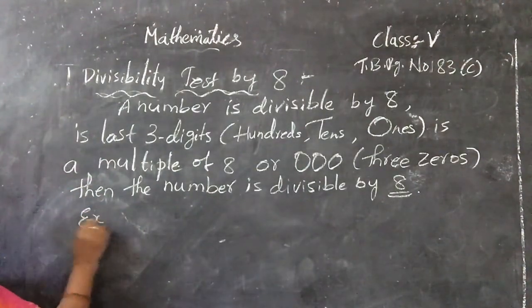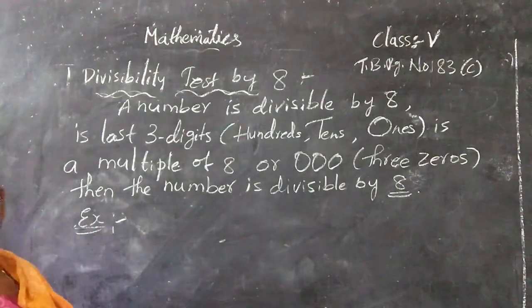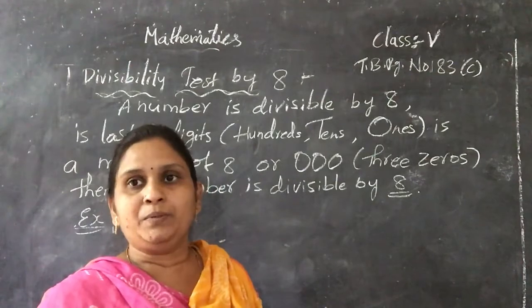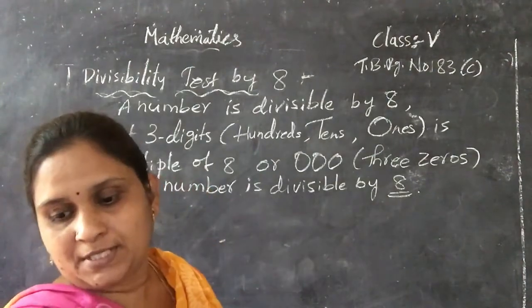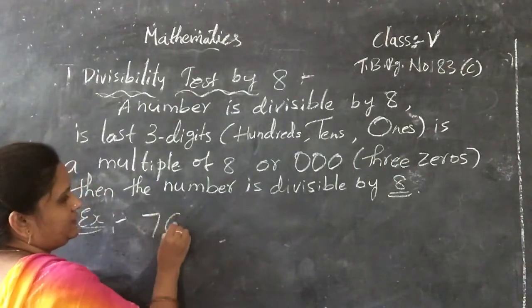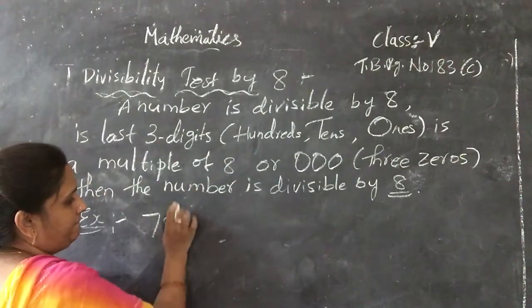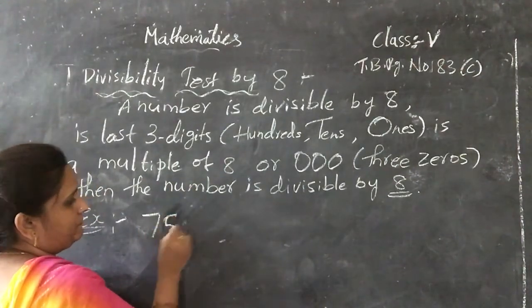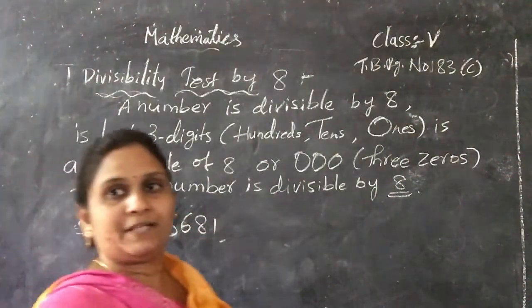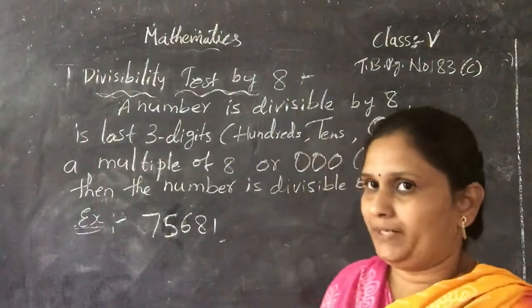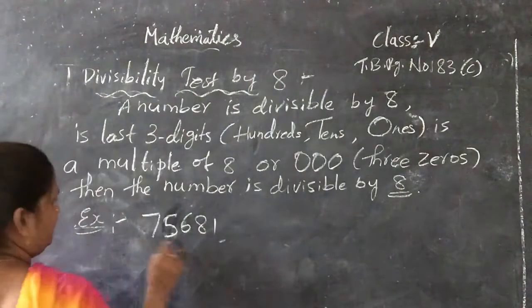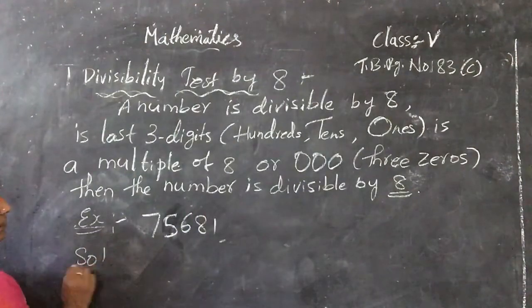Example, same. Textbook page number 83, section 2 and subsection C. The number 75,681. Now, we have to check whether it is divisible by 8 or not.